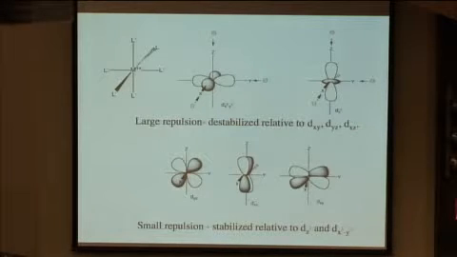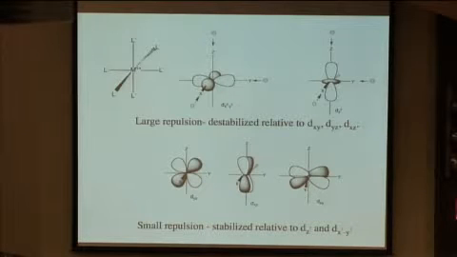So then to sort of summarize this set of orbitals, for dz squared and dx squared minus y squared, we have large repulsions by those negative point charges. They're pointing directly at the orbitals, and so they're destabilized, higher in energy than the other, the dxy, dyz, and dxz.